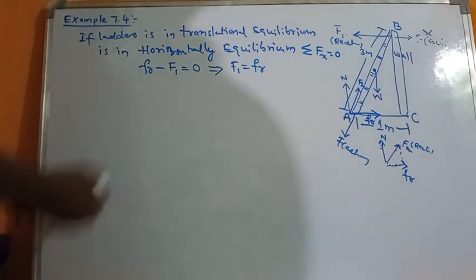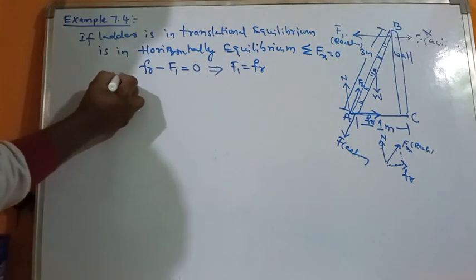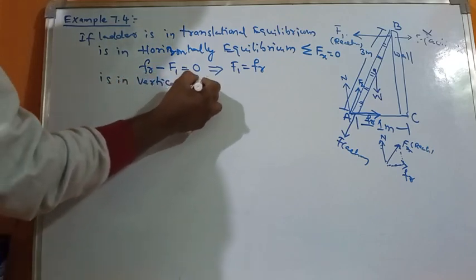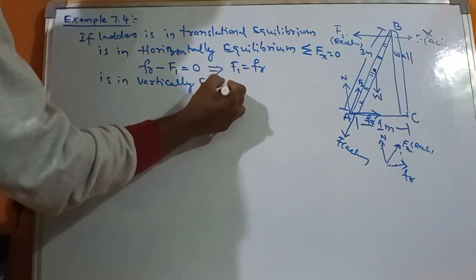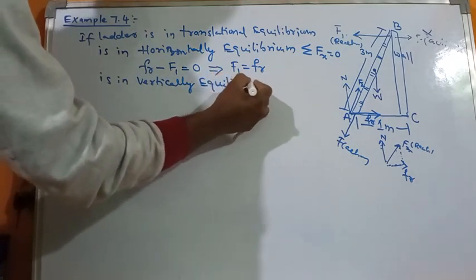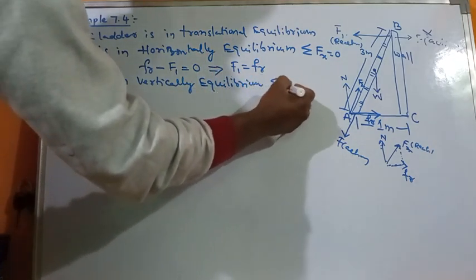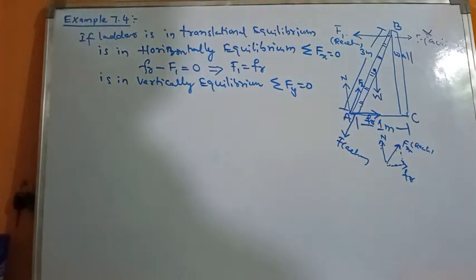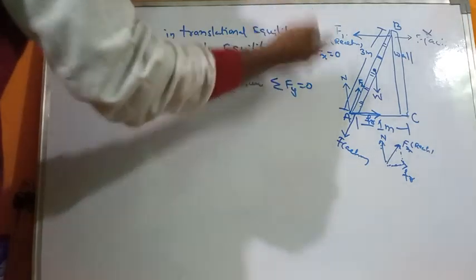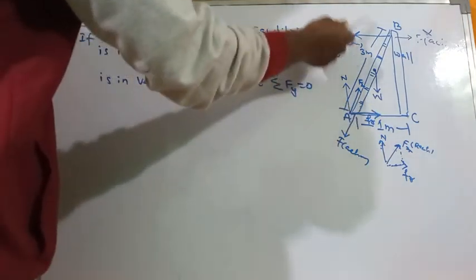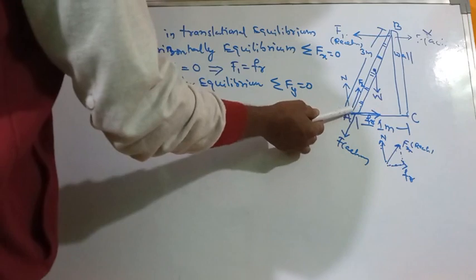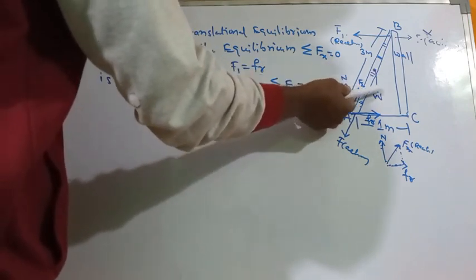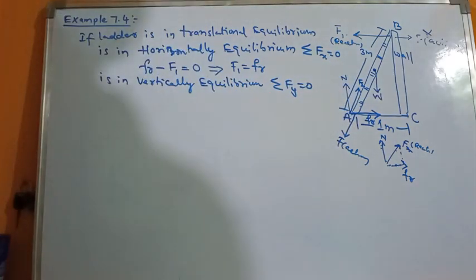Okay, so if the ladder is in vertical equilibrium, the sum of all forces along the y-axis is equal to 0. What are the forces acting along the y-axis? One is the normal reaction, in the upward direction, and W, acting in the downward direction.